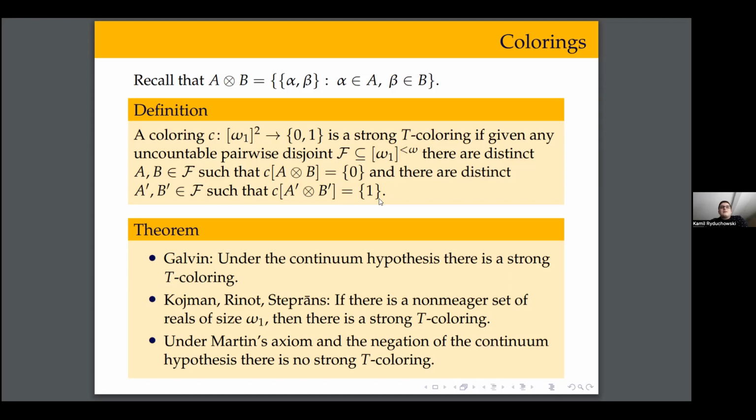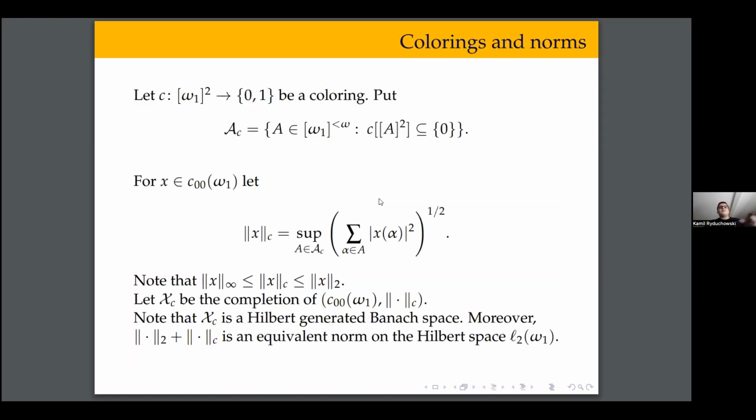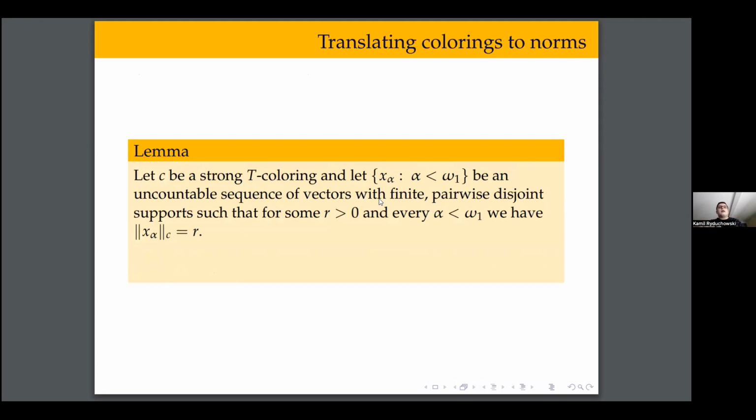Okay, so the first step is obviously to take this definition of a strong T-coloring and somehow translate it to some properties of this induced norm X_C, or the C-norm. This is actually very natural. We have the following lemma. First, the assumptions.